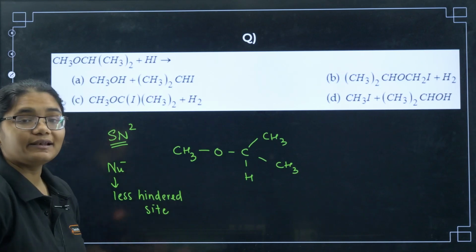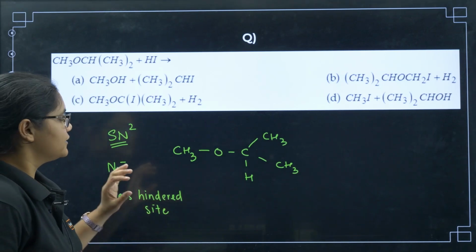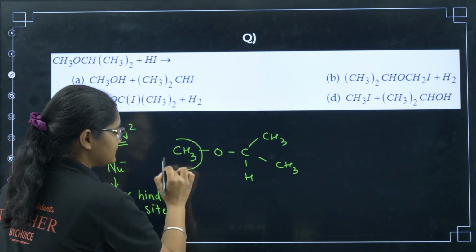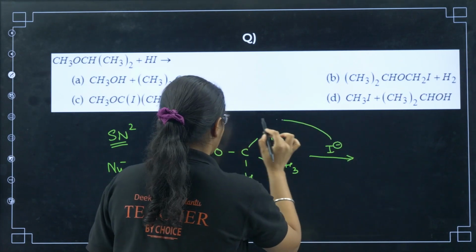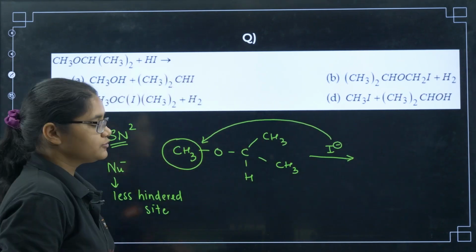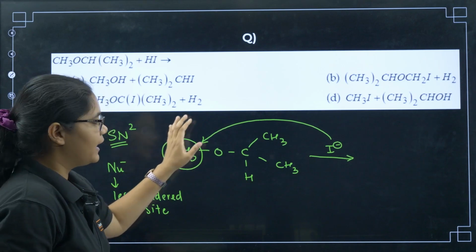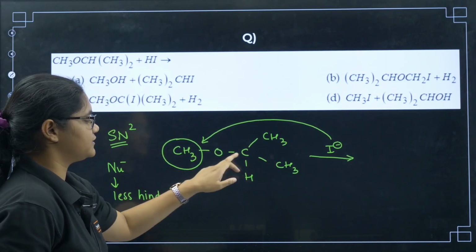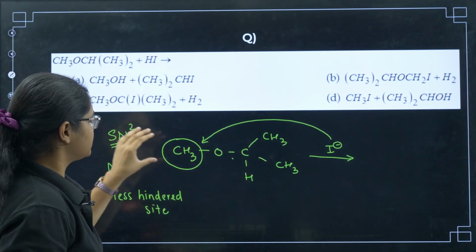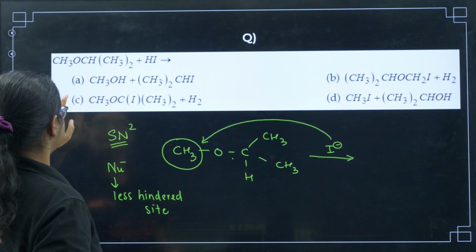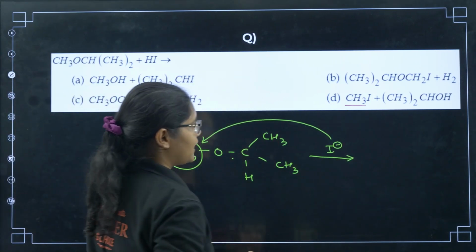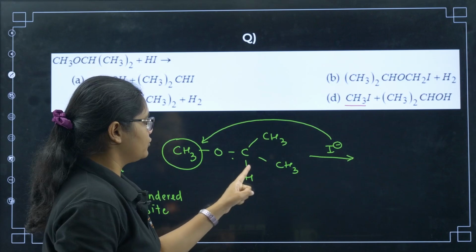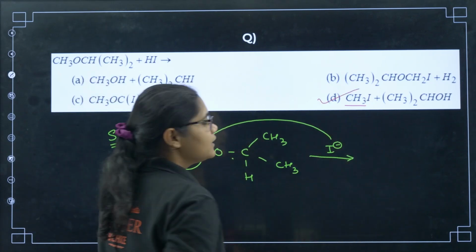Okay, so you can see this side is less hindered, so I minus is present here, the nucleophile, so it will attack on the less hindered side. So it will become CH3I, and this one will react with CH3, CH3, CHOH. So the product will be CH3I plus CH3 CH3 CHOH, option number D here.